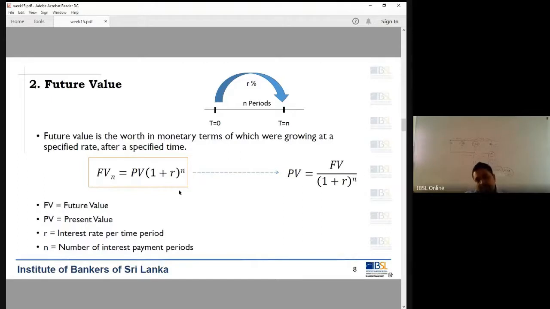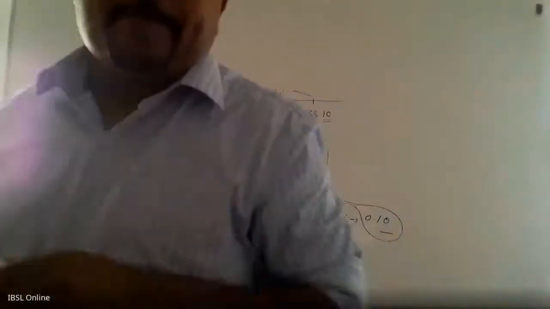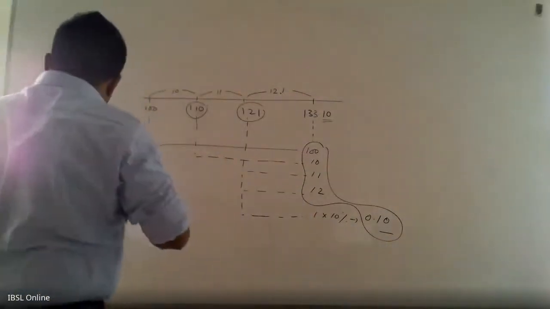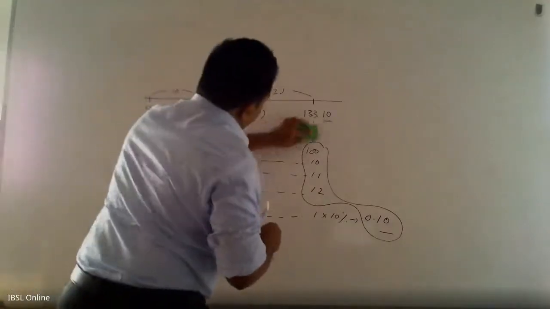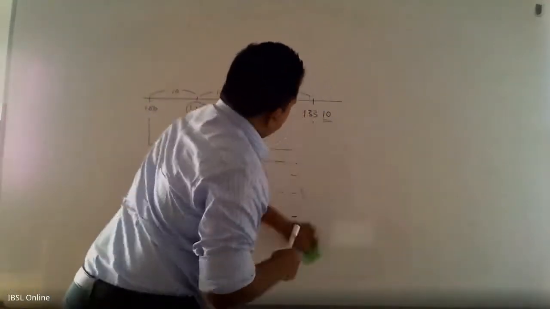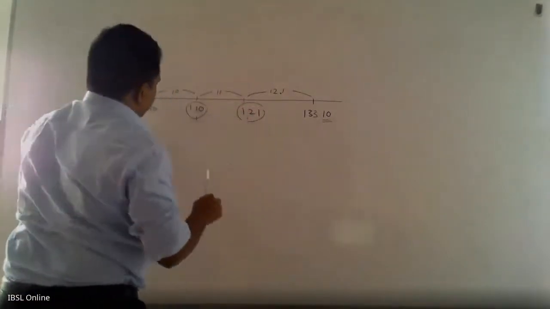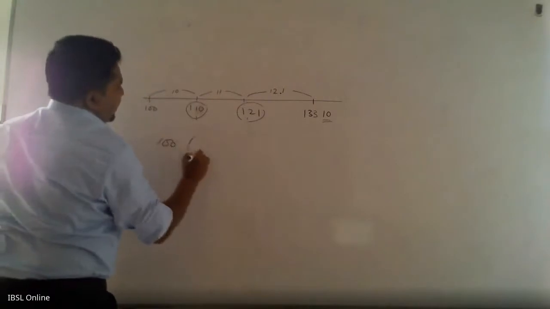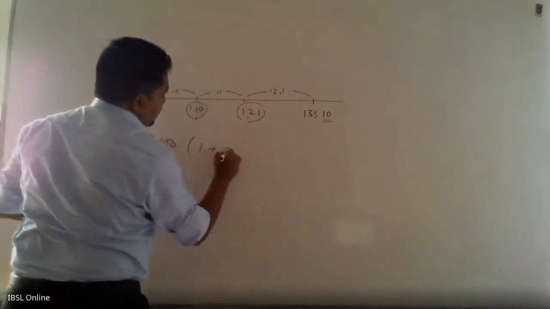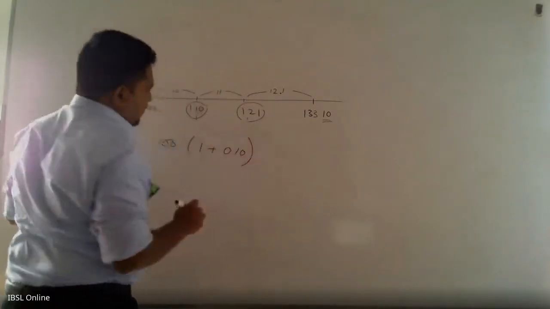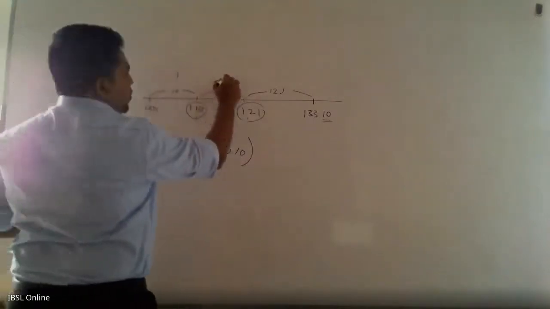If you try to apply the same numbers, this is the future value you're going to get. Let me go to the board again. So this future value of 133.10 is going to come from 100 times 1 plus 0.10 to the power of how many time periods? 1, 2, and 3.